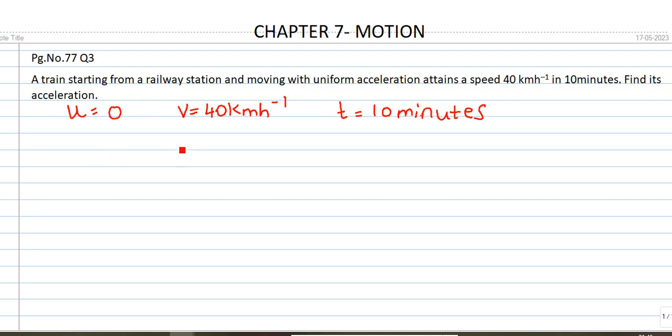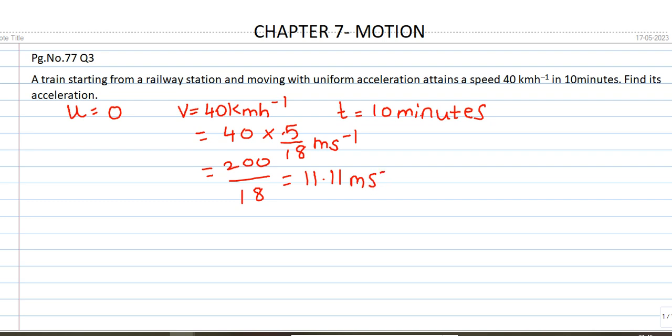As we saw in the previous one, we have to convert this kilometer per hour to meters per second. So this will become 40 into 5 by 18 meters per second, which will be 200 by 18, which is equal to 11.11 meters per second.